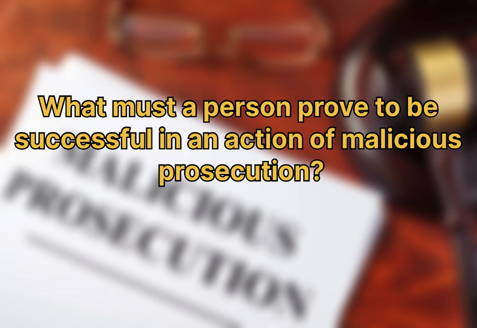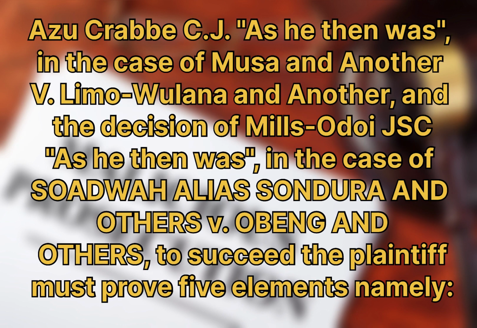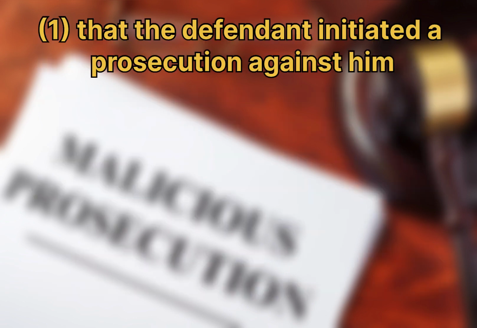What must a person prove to be successful in an action of malicious prosecution? Azu Crabbe CJ, as he then was, in the case of Musa and another versus Limo Wulana and another, and the decision of Mills-Odoi, as he then was, in the case of Sodwa alias Sondra and others versus Obeng and others, to succeed, the plaintiff must prove 5 elements, namely that 1.